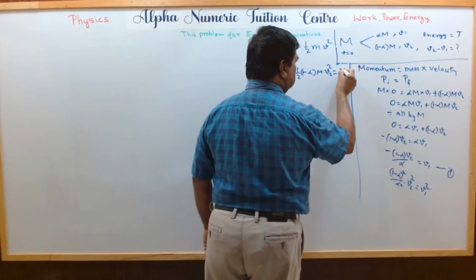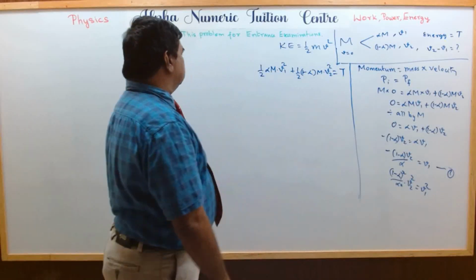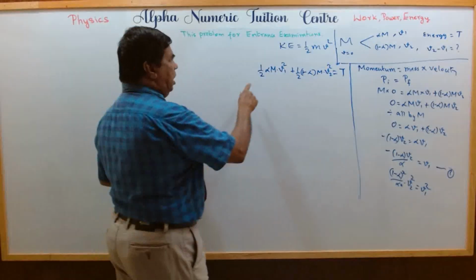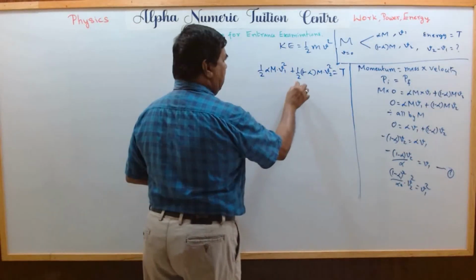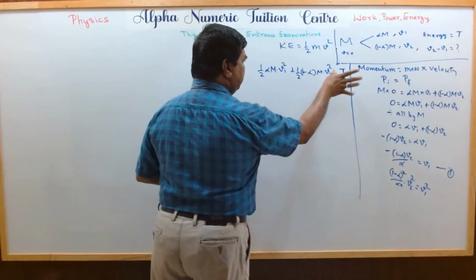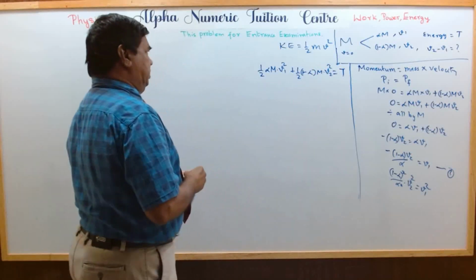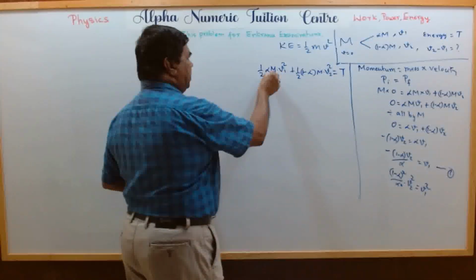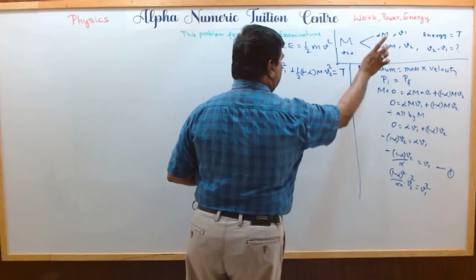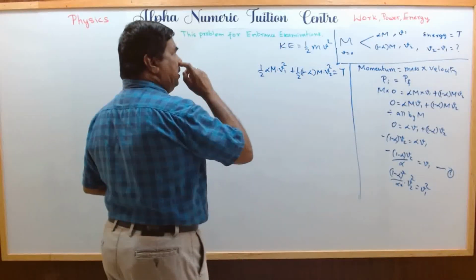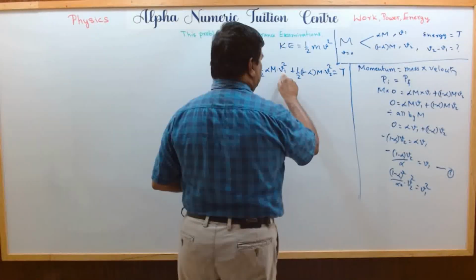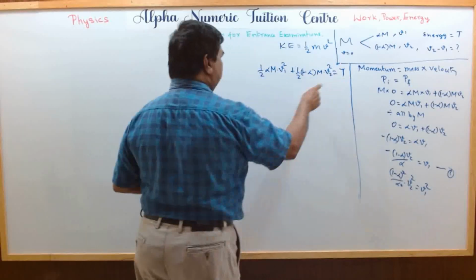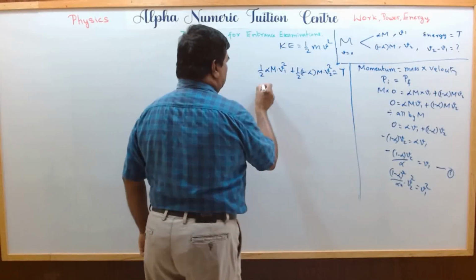The total energy is given as capital T. So we have applied the masses as alpha M and 1 minus alpha M, and the velocities are v1 and v2.